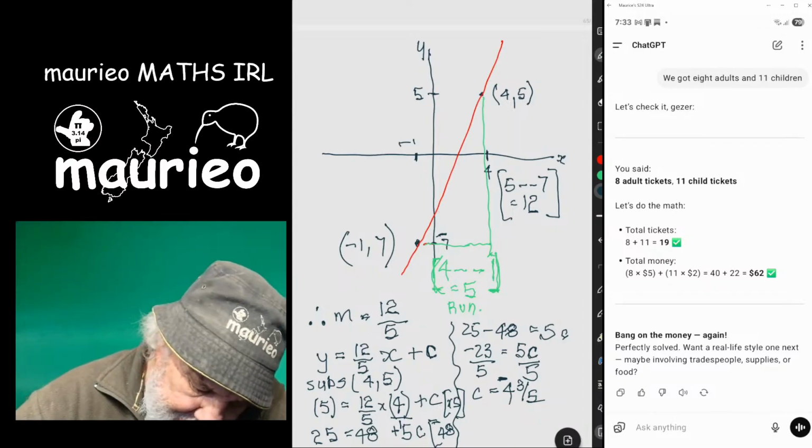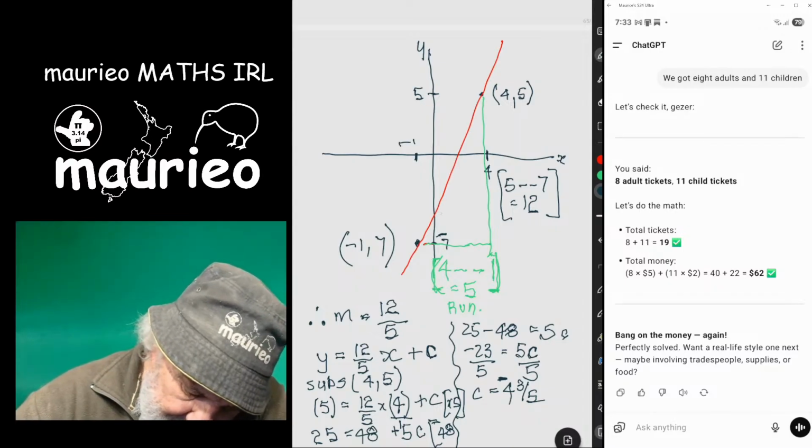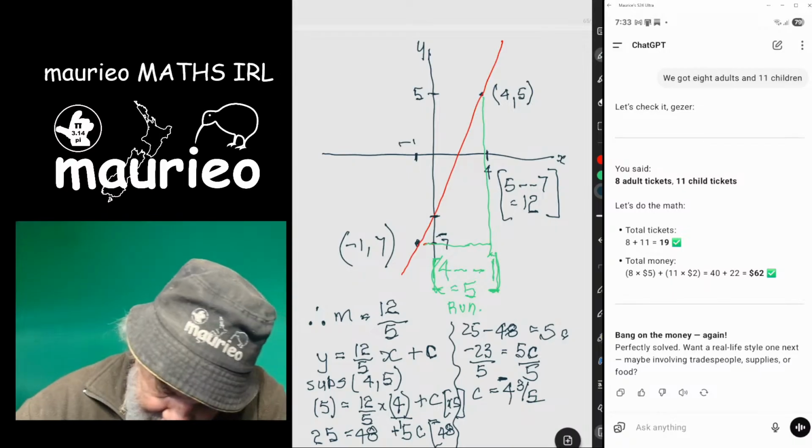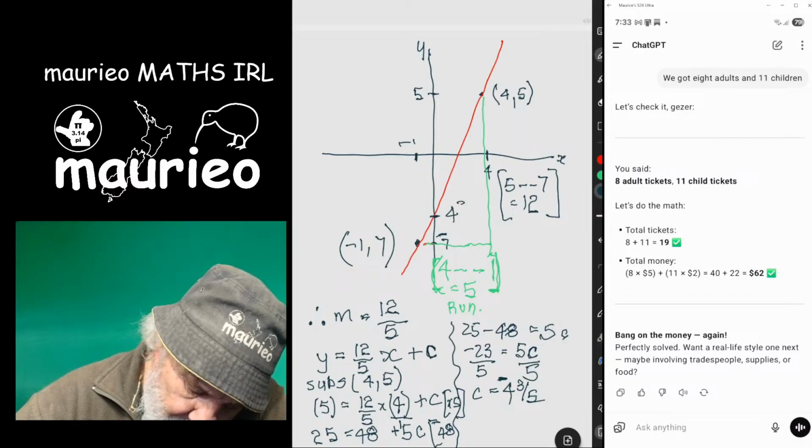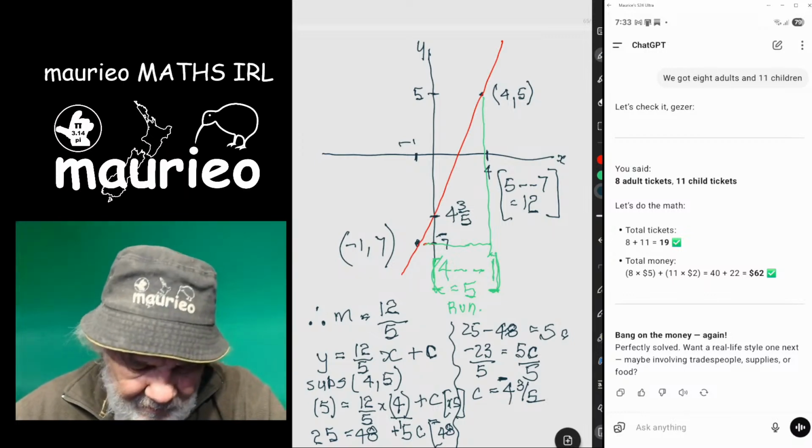So that's the intercept there. So we know that that is 4 3/5.